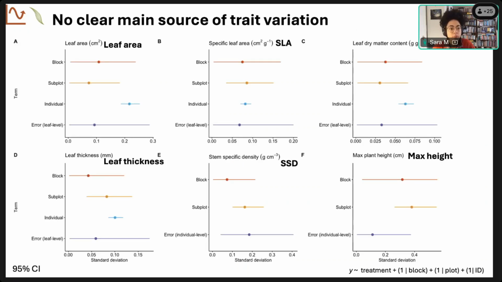In terms of looking at the source of variation, again, there was no clear main driver in the responses. This is looking at block, subplot, and individual level. There's a large degree of overlap there.